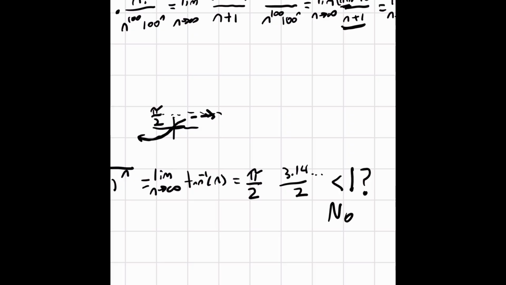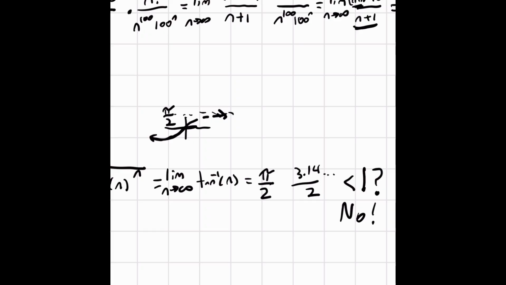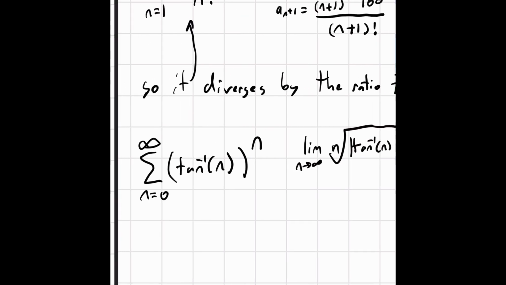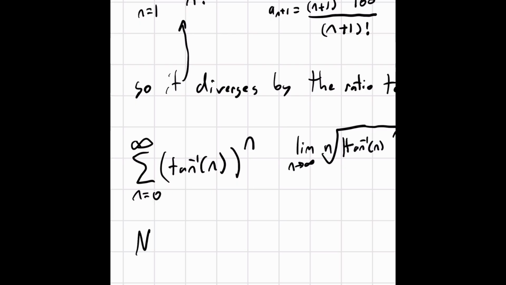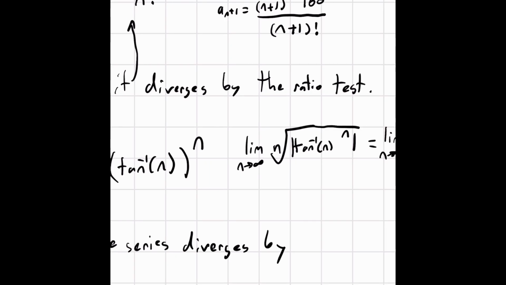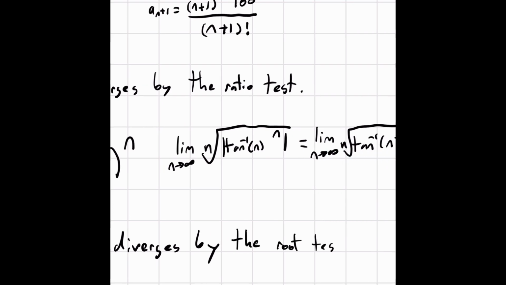So the point is, no, the limit does not go to a value less than 1, so it fails. So that means the series diverges by the root test.